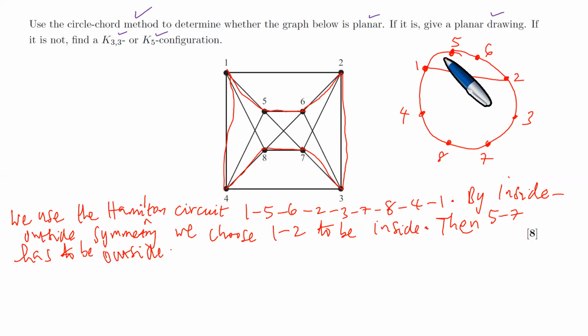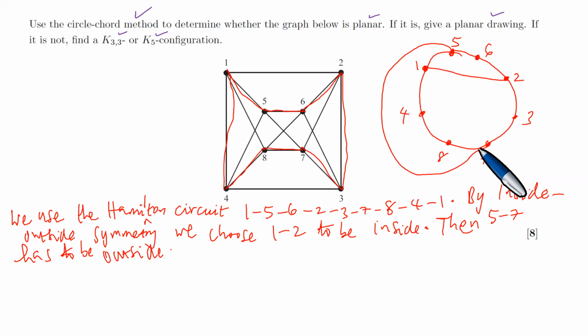Why? Because it's going to cross. If we draw it from here to there, it's going to cross. So we need to draw it outside to avoid crossing in our attempt to see if it's really planar or not. So 5, 7, you can do this.